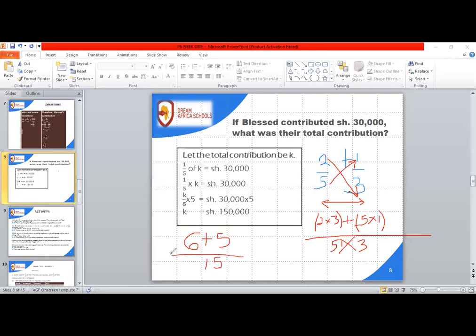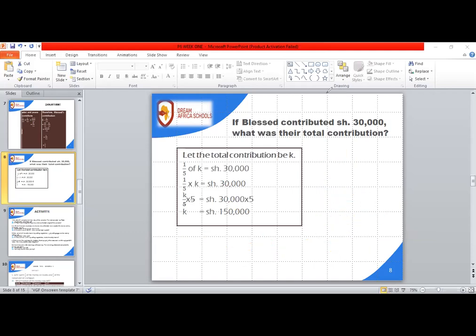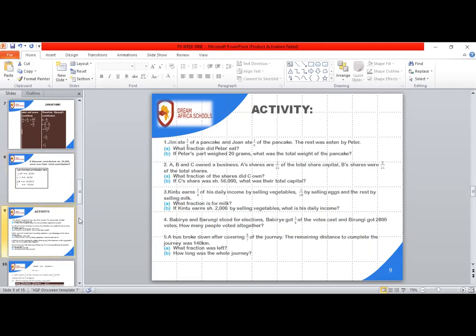When we get the final answer, 6 plus 5, we get 11 out of the common denominator there, which is 15. That means your final answer will be 11 out of 15. Is that okay? I hope that is the simplest method you can always use, and it won't give you lots of headache. Let's look at the activity I have shared.